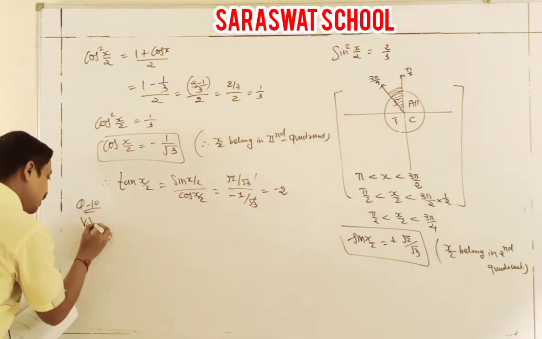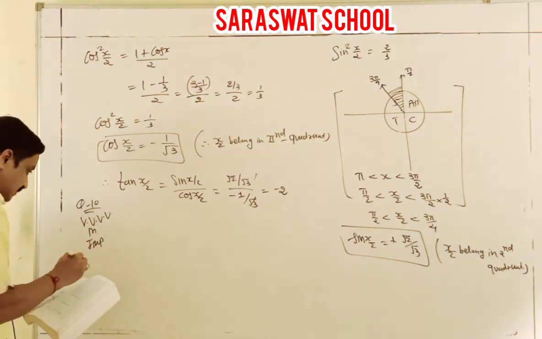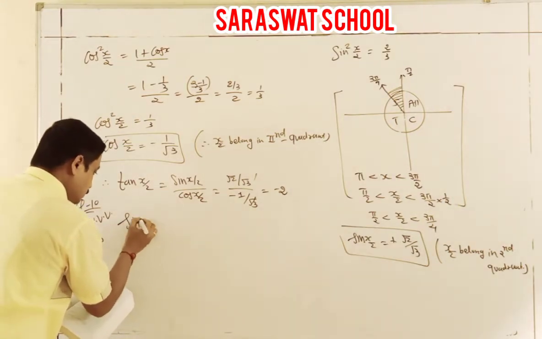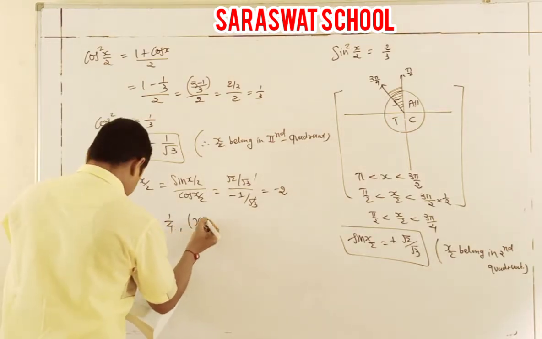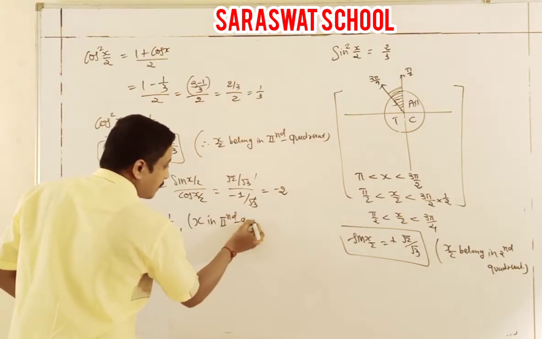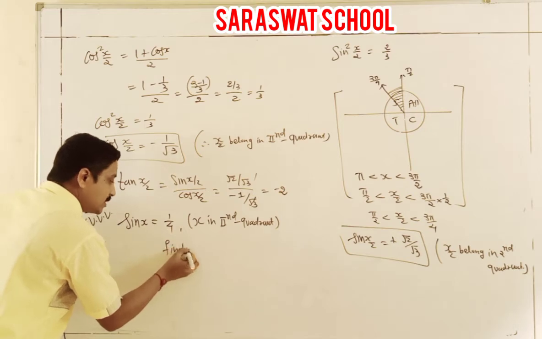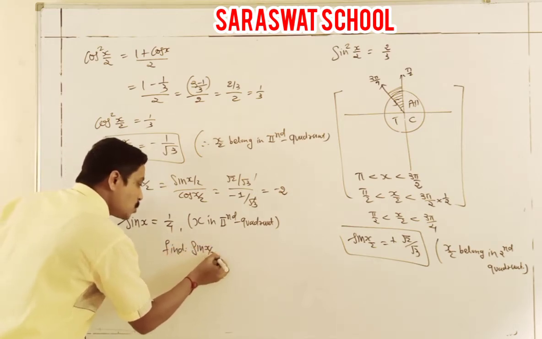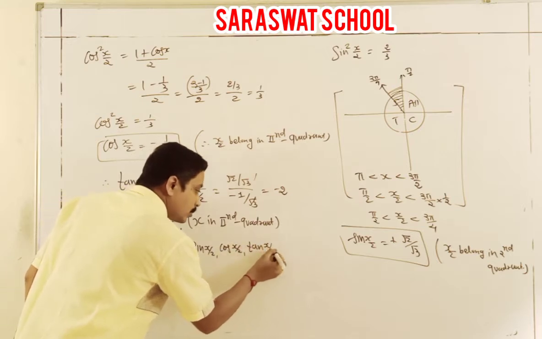Now the 10th one is a very important numerical. sin x is 1 by 4 and x is in the second quadrant. Then find out, students, the same: sin x by 2, cos x by 2, tan x by 2.